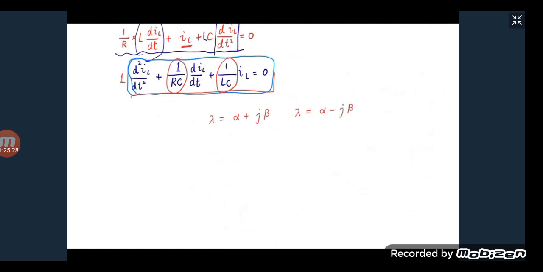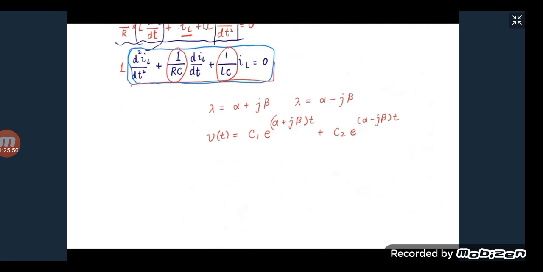Then the original solution might be C1 exponential alpha plus j beta t plus C2 exponential alpha minus j beta t.